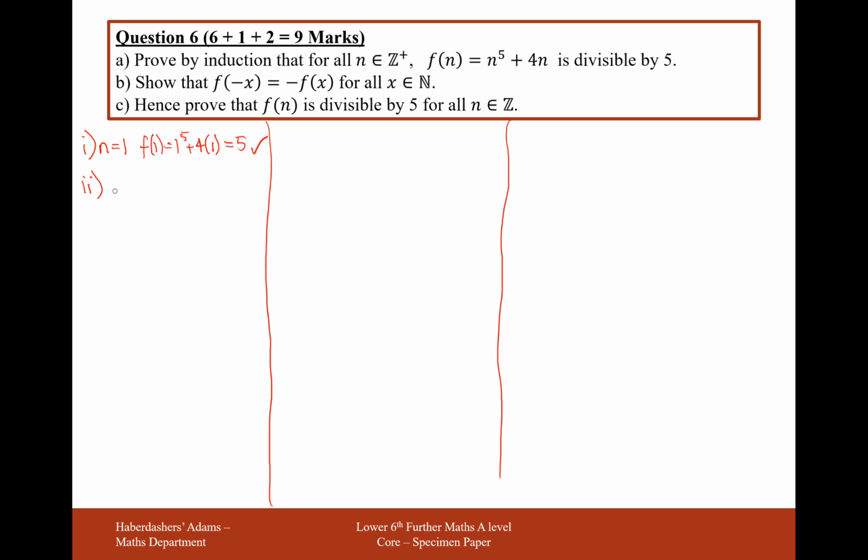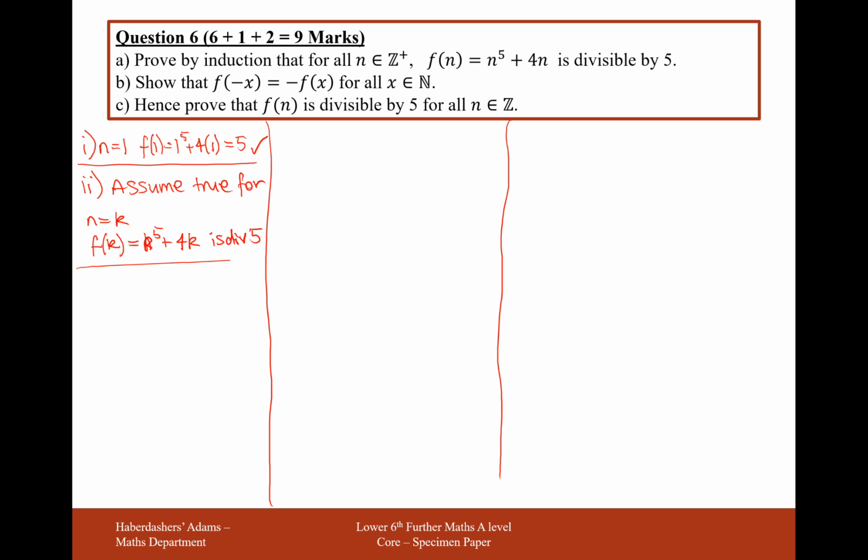Second part, assume true for n equals k. So therefore f of k is equal to k to the power 5 plus 4k is divisible by 5.